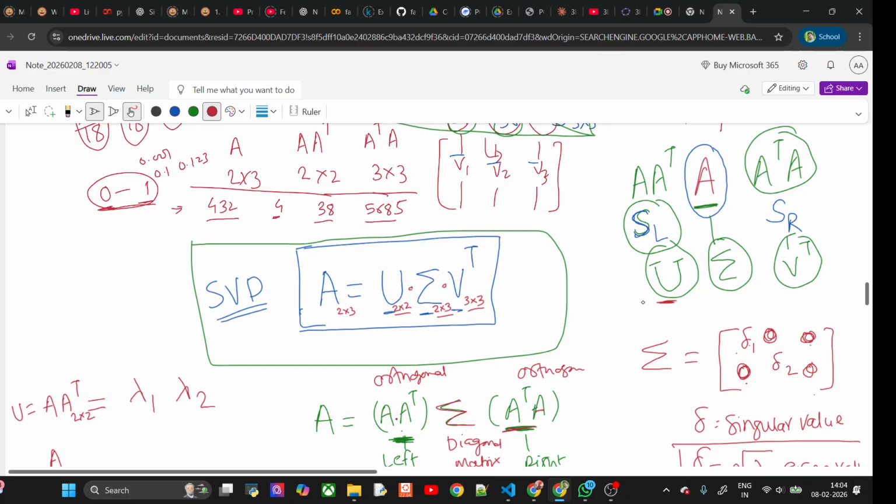When you are bringing R3 to R2, you are reducing the dimensions. That time U will be 2 cross 2 and V will be 3 cross 3, the bigger one. But for now you consider it like this: 2 cross 2 here and 3 cross 3 here.